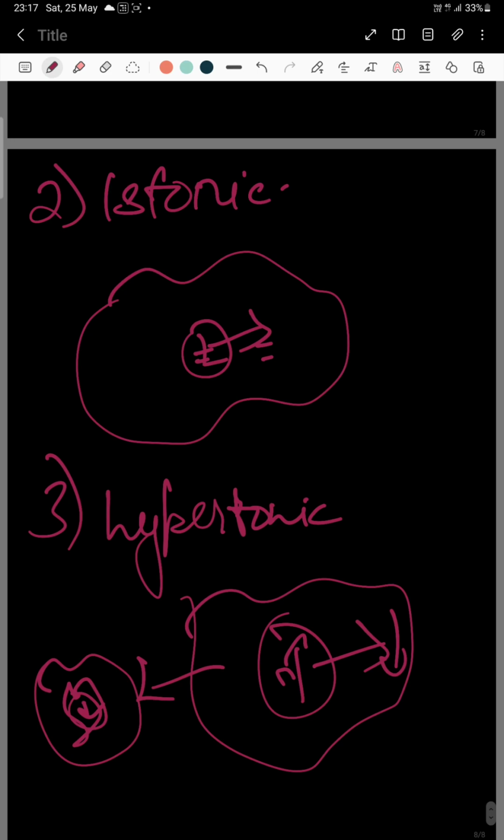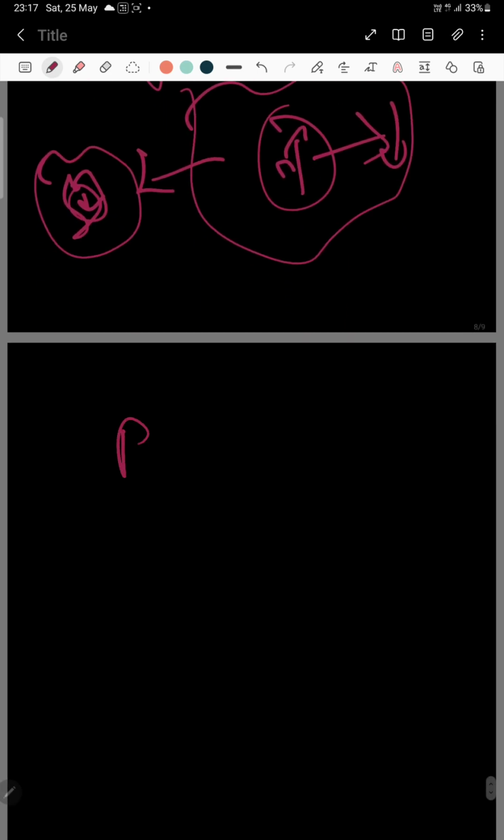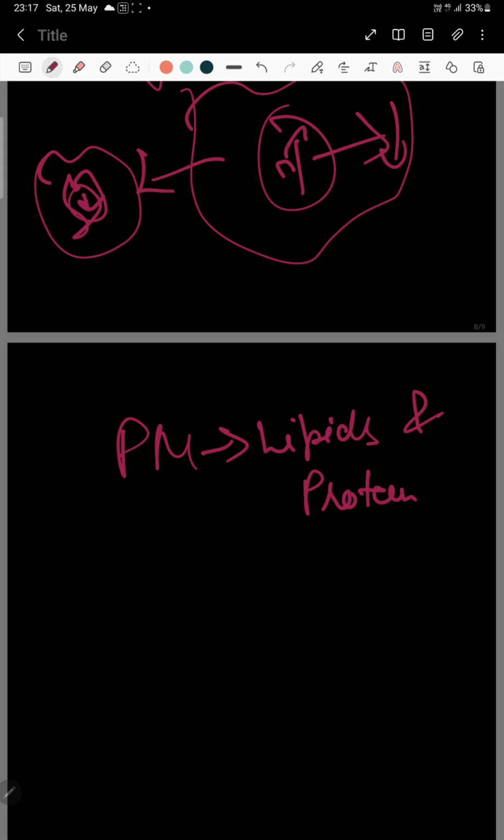So the plasma membrane is made up of lipids and proteins. Synthesis of the plasma membrane is done by the endoplasmic reticulum, which we'll be reading in the unit on endoplasmic reticulum.